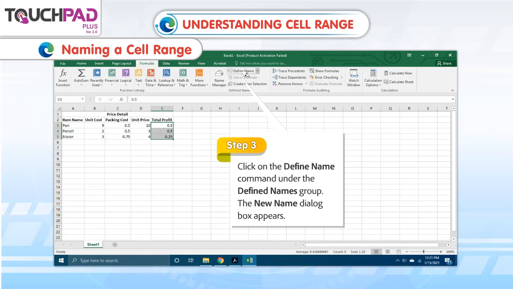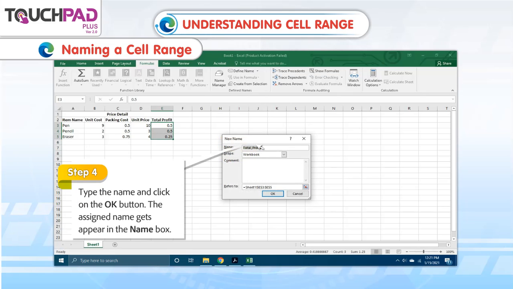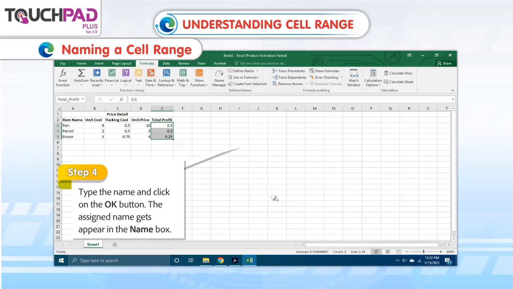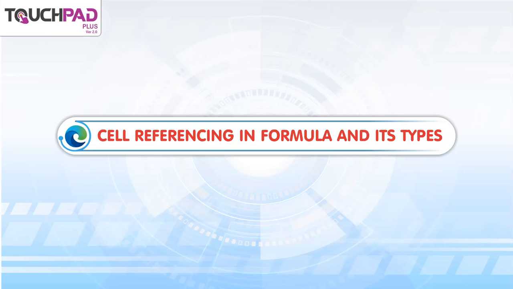Click on the Define Name command under the Defined Names group. The New Name dialog box appears. Step 4. Type the name and click on the OK button. The assigned name appears in the name box. Now, we can use this name in place of cell address in formulas.